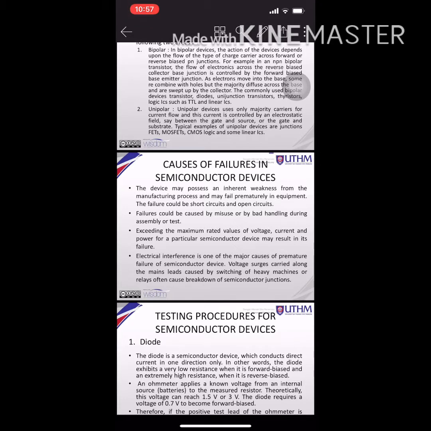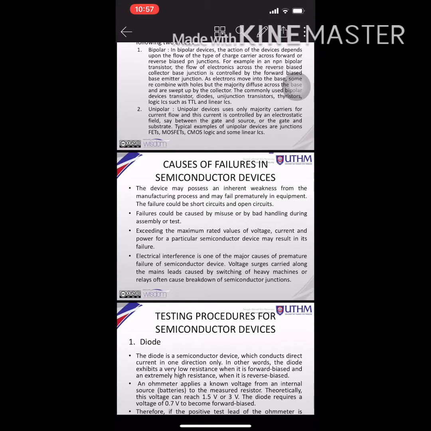For example, if the threshold voltage of the diode is 3 volt, but we give the diode 5 volt, so it exceeds the limit of the diode, so it will cause the diode to fail to operate in normal operation.